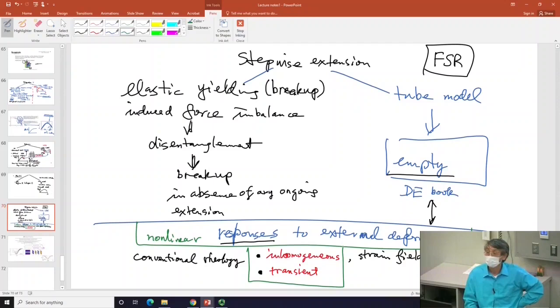Transient and inhomogeneous. Okay? In extension, there is no steady state. So don't speak about it. In shear, steady state is just a tiny negligible fraction of the whole physics.